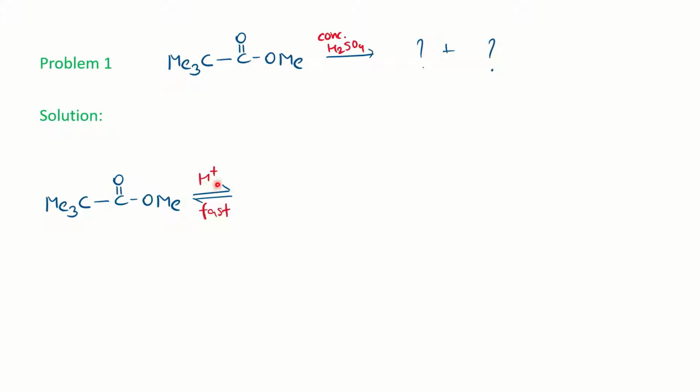Now in the presence of acid, we know there are 4 possible combinations. It may be acyl cleavage or alkyl cleavage. Here alkyl cleavage is not possible through SN1 because it doesn't form a stable carbocation. So SN1 mechanism is not possible, and you can see here it is sterically crowded.